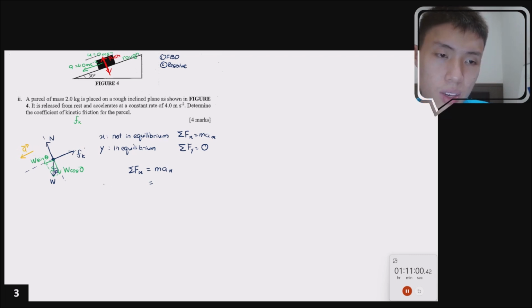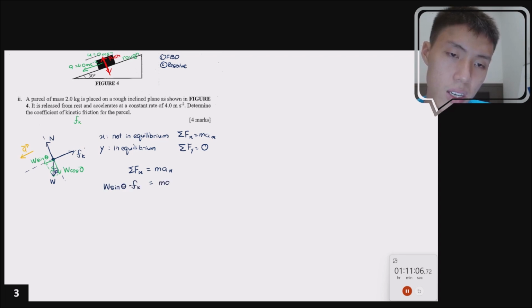So that would be w sine theta minus fk equals max. Okay, so we can further open it up. This will be mg sine theta. And we know that we want to find mu k, right? Coefficient of kinetic friction. Coefficient means that you want mu k. So you have to break this open to become mu k times n, equals max.